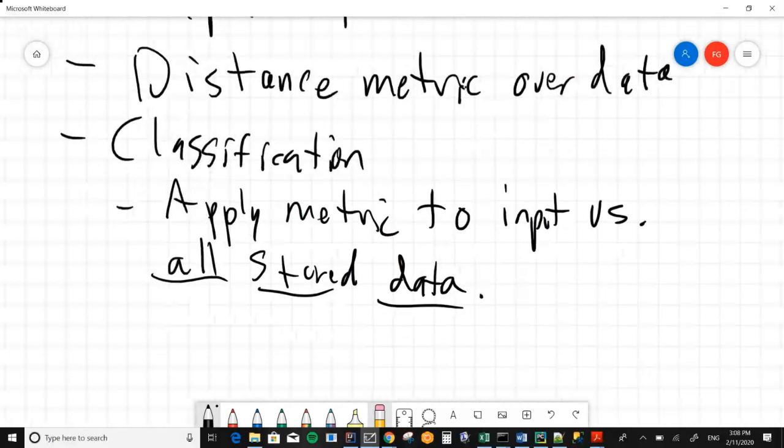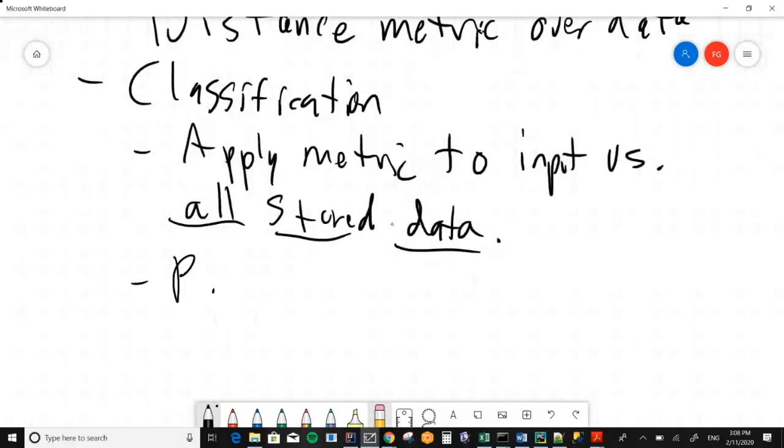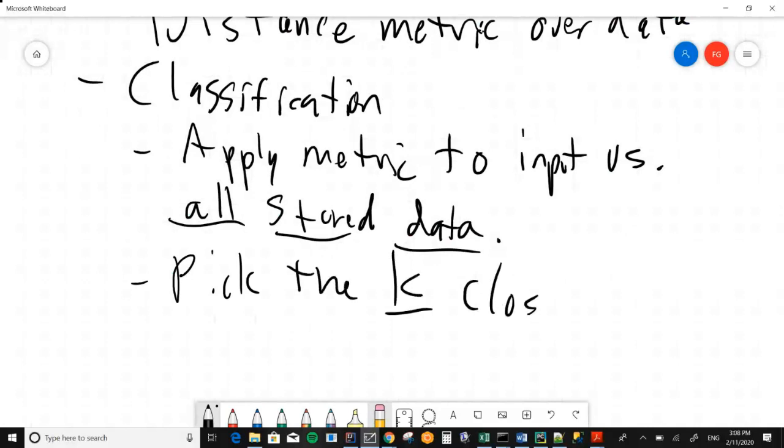Then what you do is pick the K closest. So that kind of begs the question, what's a typical value for K? Well, for starters, a typical value for K will be an odd number, especially if we're doing just two categories, like with sentiment analysis.